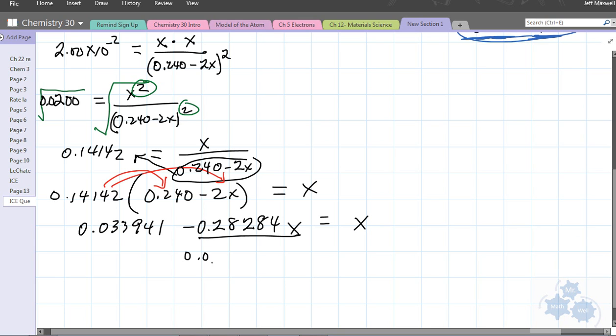So we get 0.033941 equals 1.28284 x, because remember this is a 1, so you're adding 0.21. Divide by 1.28284.